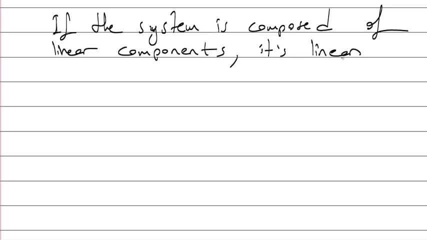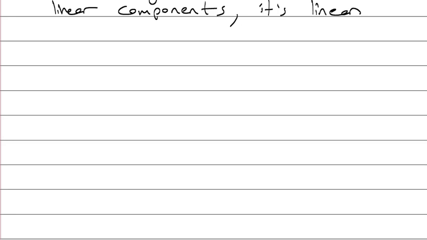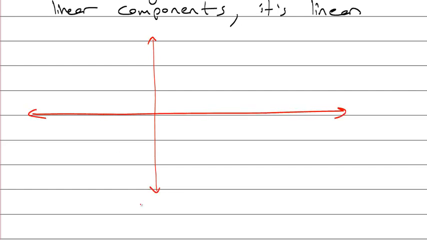If you draw a graphic, what does linearity mean? If you have a component, for example, a resistor, it has a current, it has a voltage.